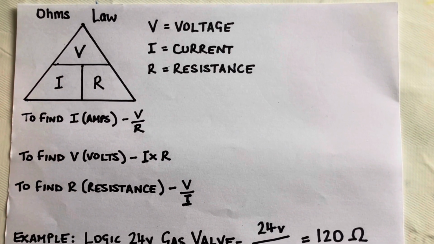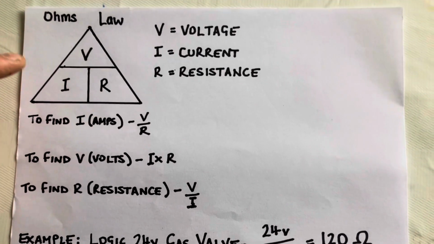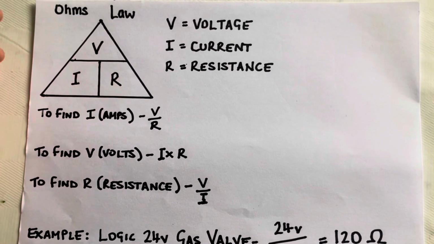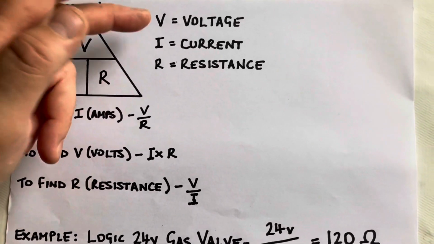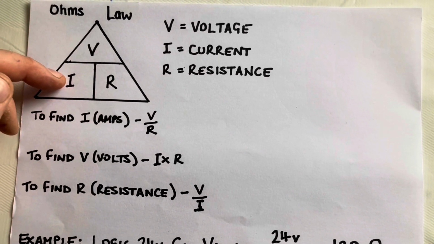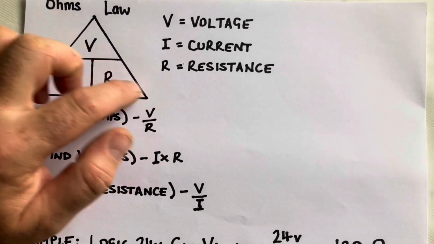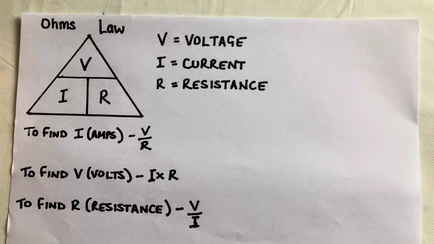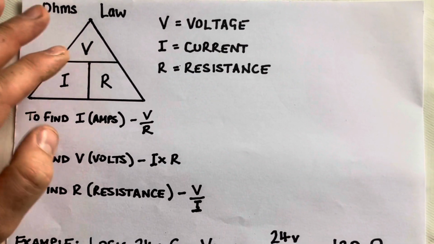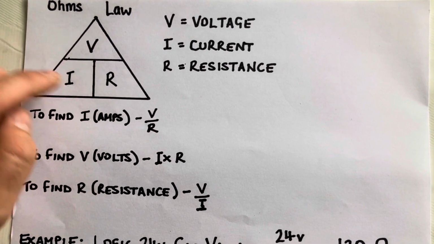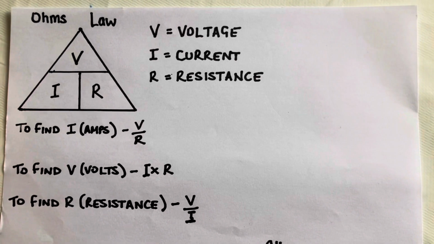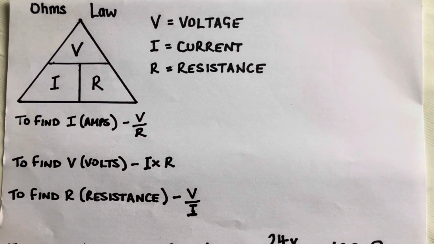So this is the Ohm's law triangle, and basically the principle is you can work out either the voltage, which is V, I, the current, which is your amps, and R, which is your resistance. So by multiplying or dividing any two of these, you can find the other missing value.